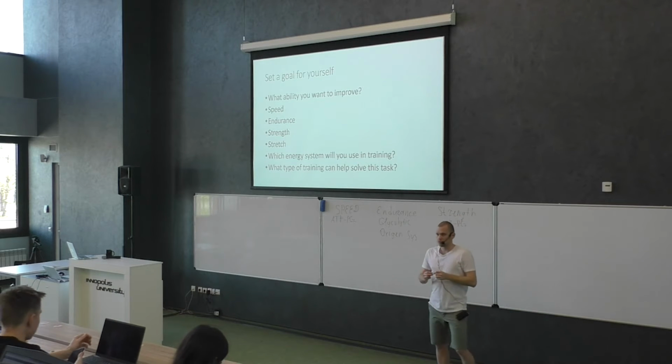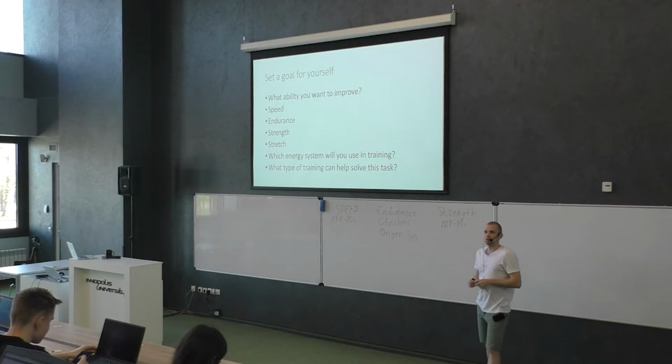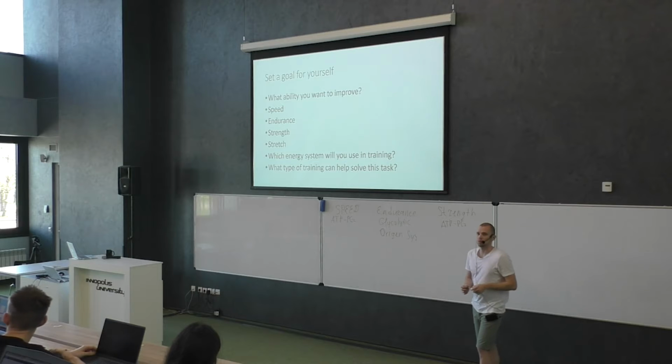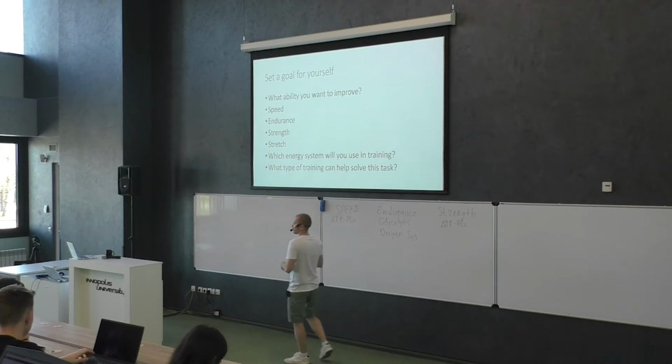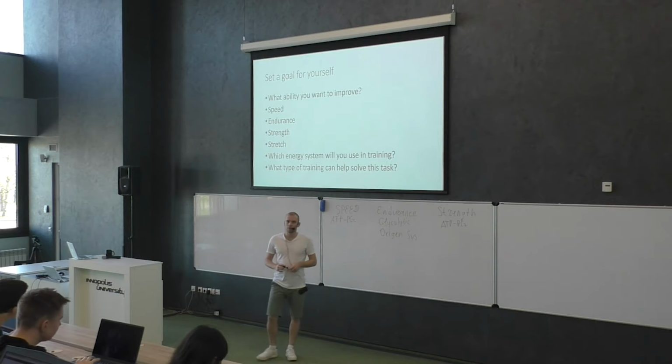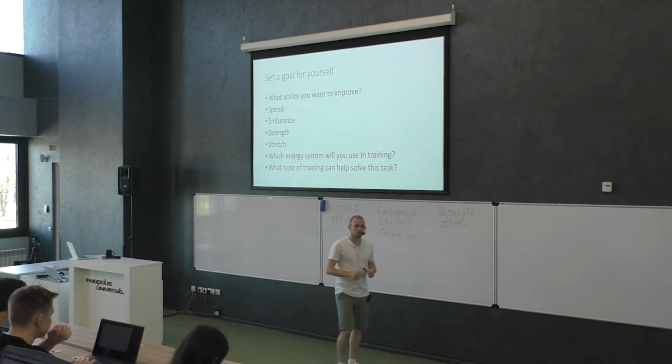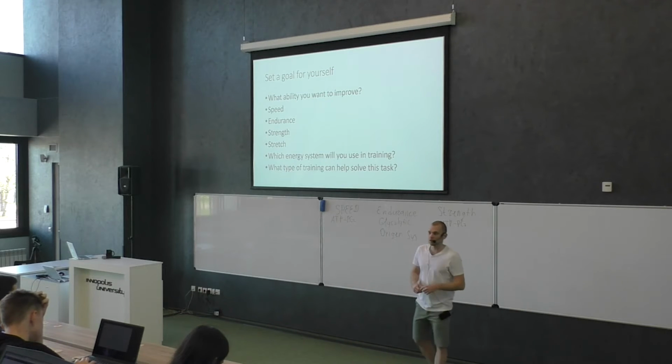If you want to do 100 kilograms for 10 repetitions, that means it will be about 20-30 seconds. Glycolytic, that's right.